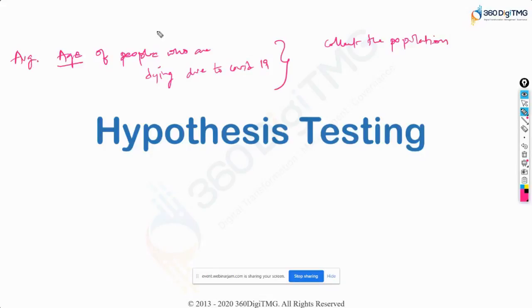So I will say the average age of people who are dying due to COVID-19. But can we collect the entire data of the population? It's not possible, right? We will not be able to get the complete population data. So what we do is we collect a sample data.